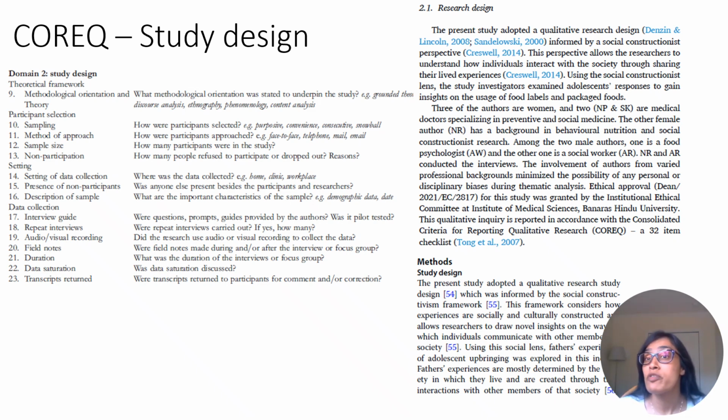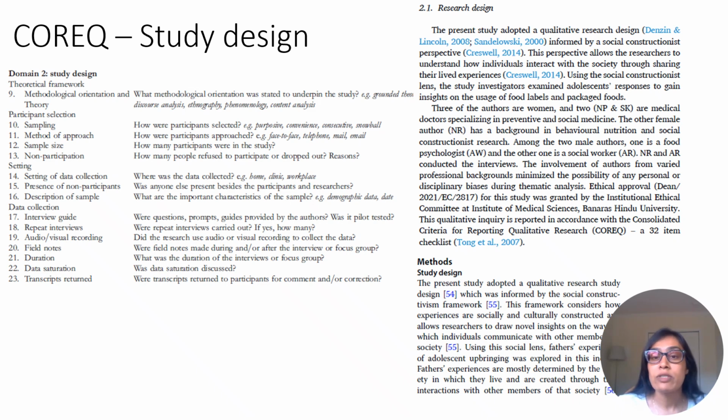Very important for any qualitative research paper, irrespective of whether you are using interviews or focus groups. Even if you're using, I would say, observation, there also you need to be very clear about the theoretical framework which you're adopting. So here, one example from one of my research papers: the present study adopted a qualitative research design informed by a social constructionist perspective.